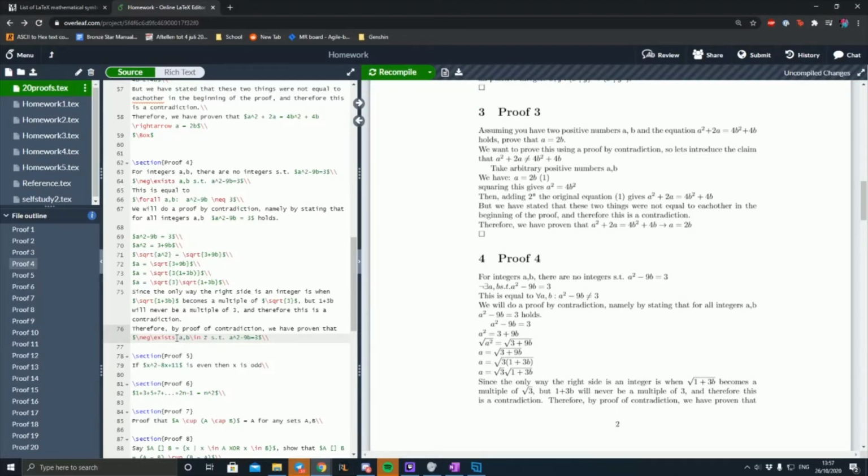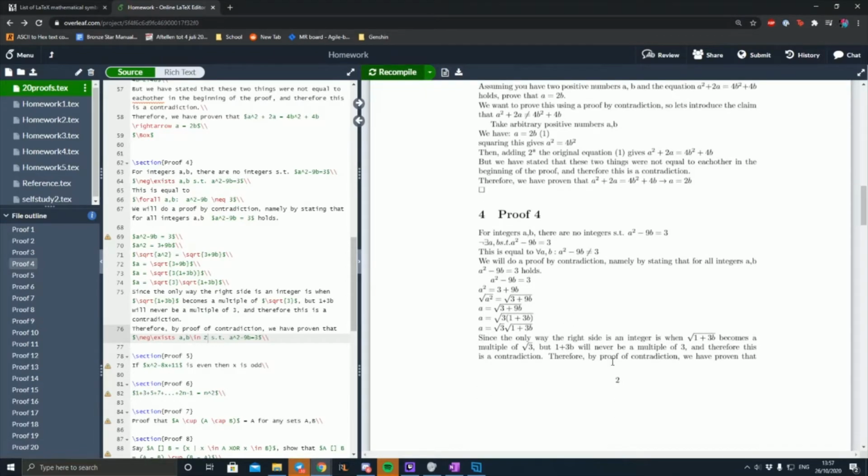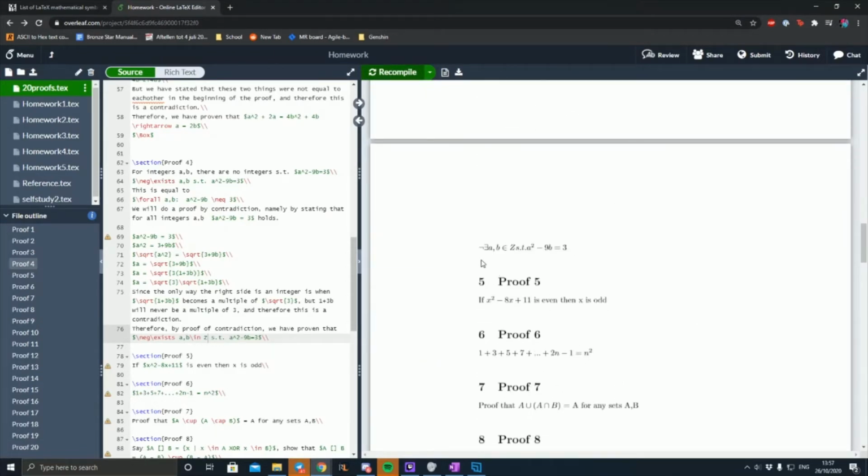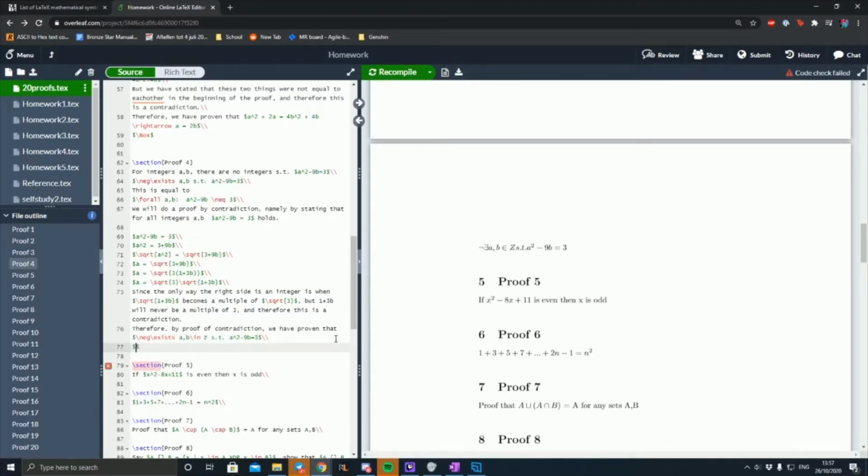Z. Yeah, so we can say there is no a and b, element of Z, such that a squared minus 9b equals 3. Nice. Box. If you want to put a box down yourself, always remember that the B is a capital.